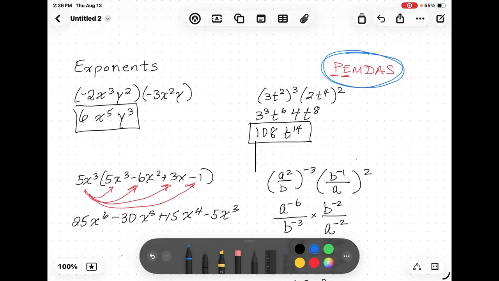If you're having trouble applying PEMDAS and if that's getting noted in your work, you've got to go back and review that. You really can't move forward in mathematics without having mastered that fundamental.